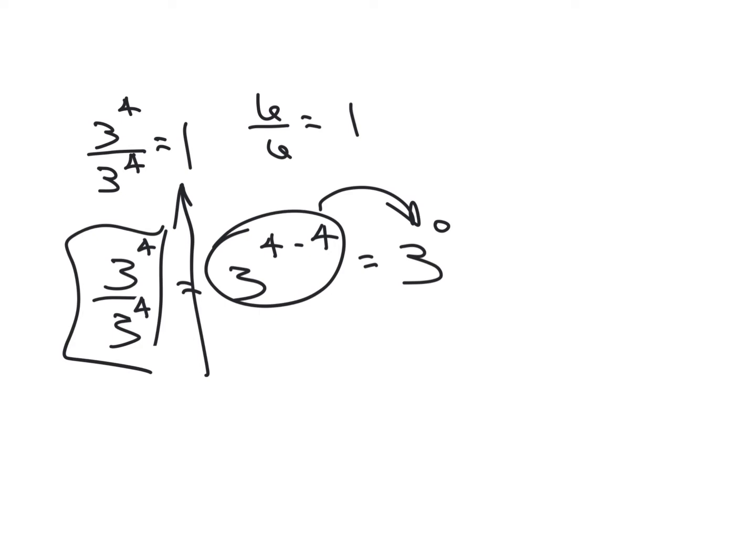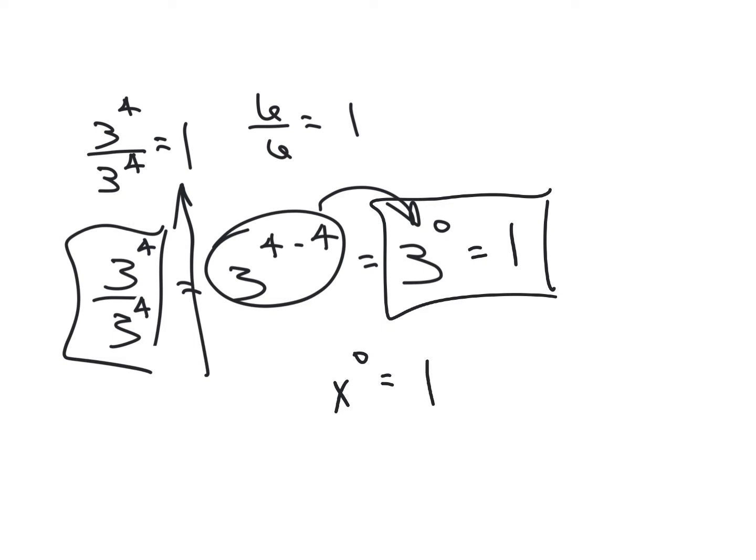Therefore, if this equals 1 and this equals 3 to the 0, then 3 to the 0 must equal 1. So any number or letter to the 0 power is going to equal 1. Not x to the first, but just 1.